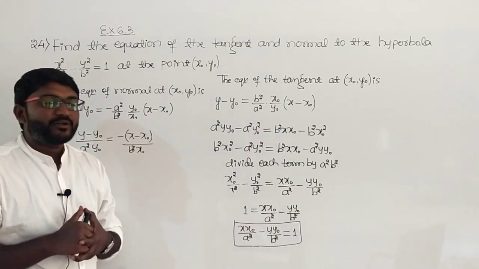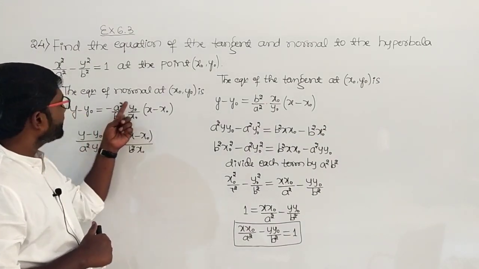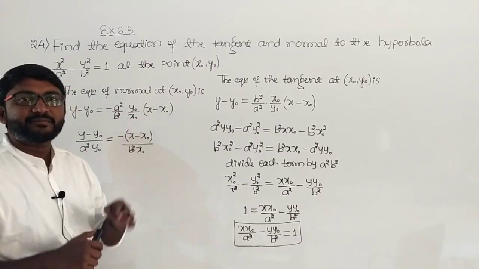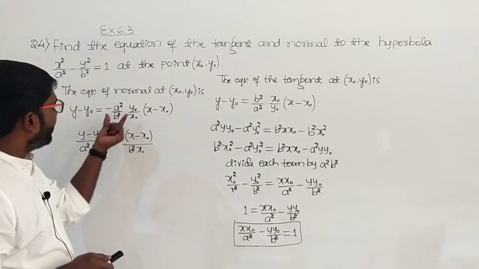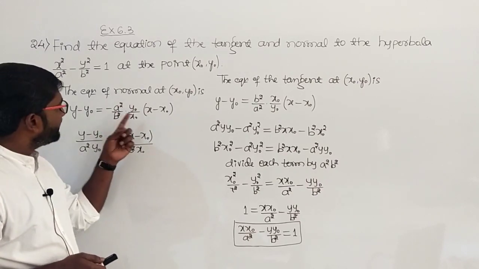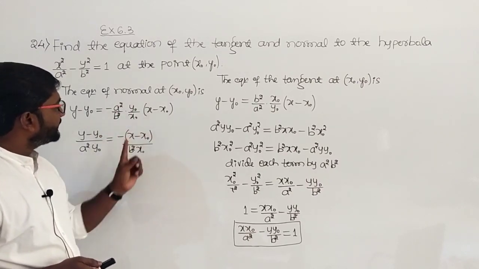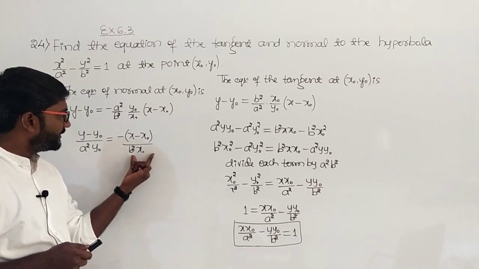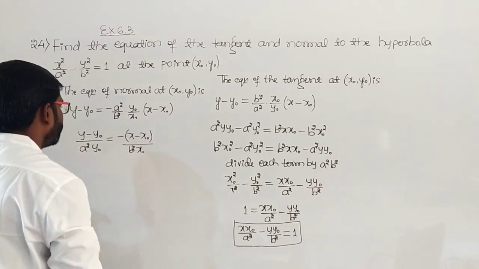Well, the equation of the normal is y minus y naught equal to minus 1 divided by dy by dx into x minus x naught. Now, I have taken a square y naught to the left hand side, it goes to the denominator, and here we have minus of x minus x naught divided by b square x naught. Now, I take this term to the left hand side, it becomes positive.